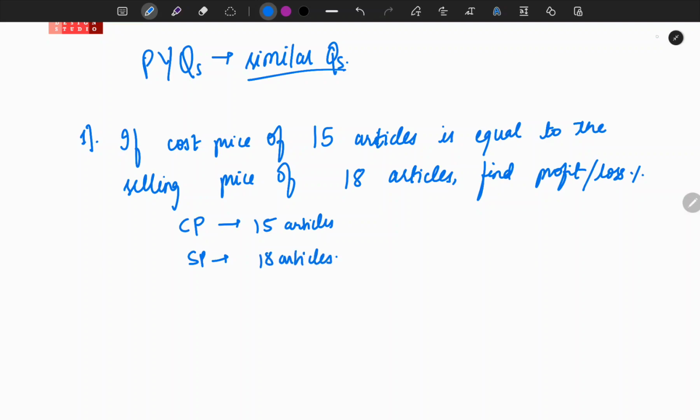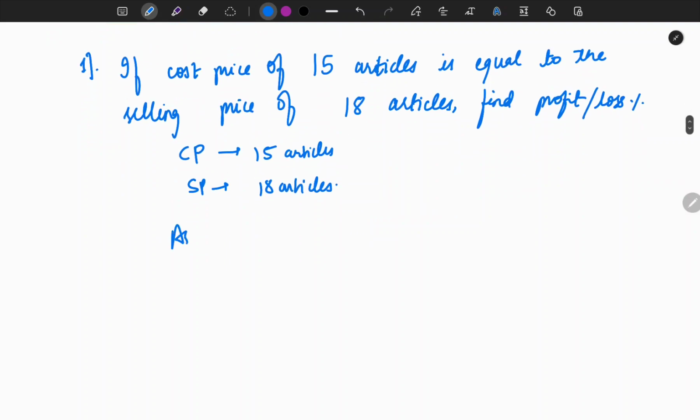So essentially what that means is, say you bought 15 articles for 1 rupee.